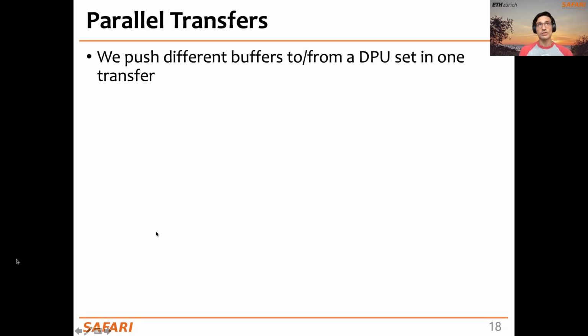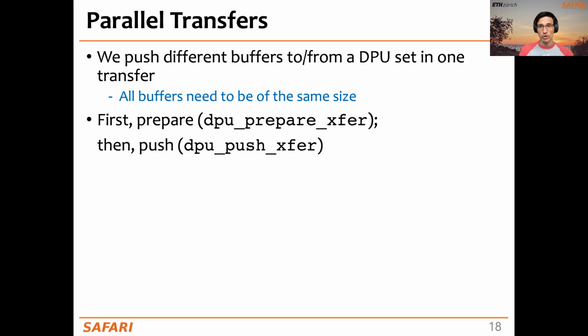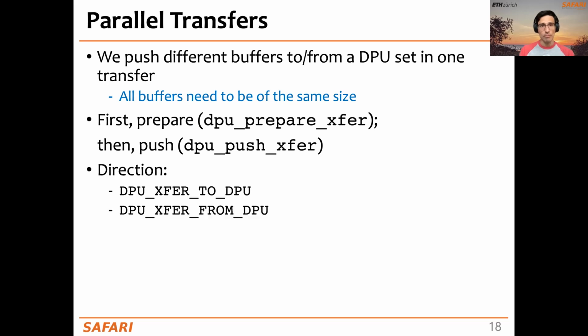In the parallel transfers, we push different buffers to or from a DPU set in one transfer. All buffers need to be of the same size. This is a limitation of the current implementation of the parallel transfers. To perform parallel transfers, we first need to prepare the transfers and then push them.